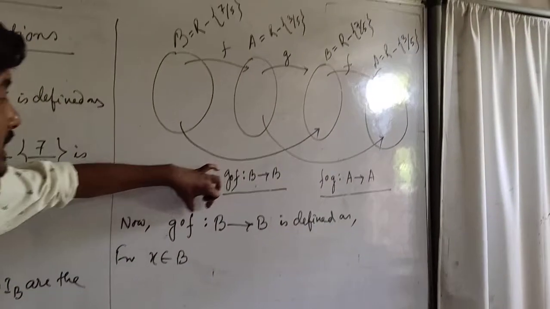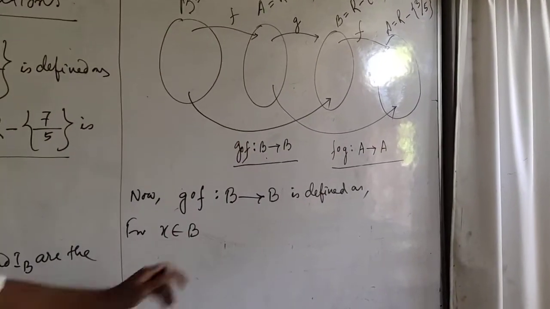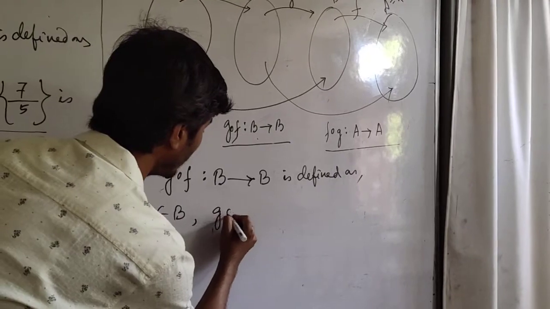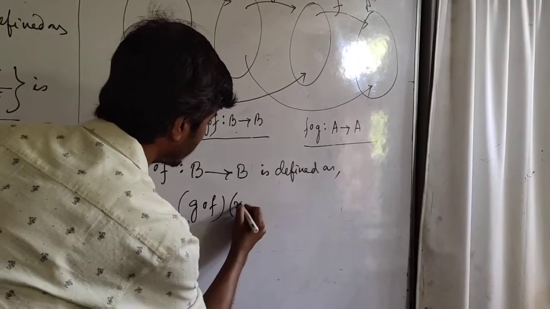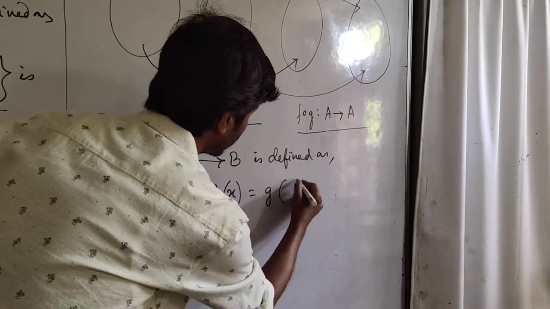Because B is the domain here. For every x in the domain, GOF(x) equals G of f(x).